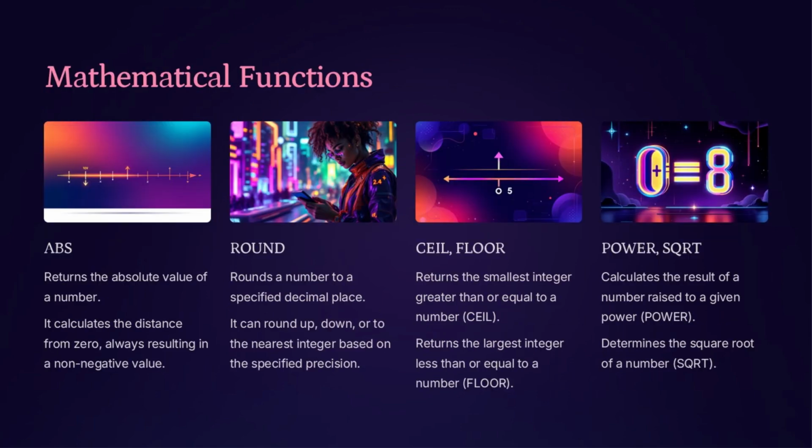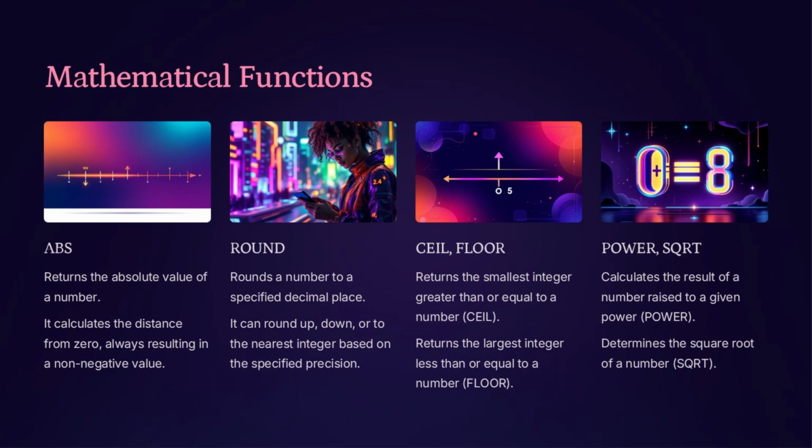Mathematical functions are important tools in data analysis and calculations. We'll cover 4 key functions today: ABS, round, ceil/floor, and power/sqrt. ABS returns the absolute value of a number, always giving a non-negative result. Round allows us to round numbers to a specified decimal place, rounding up, down, or to the nearest integer.